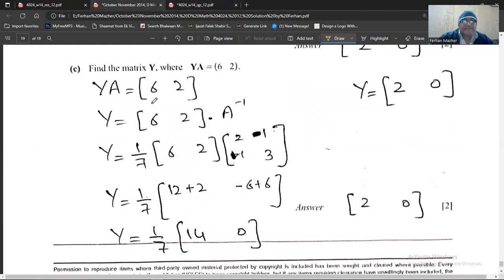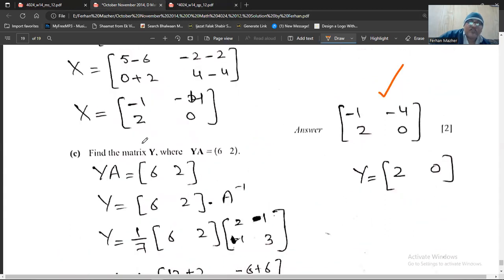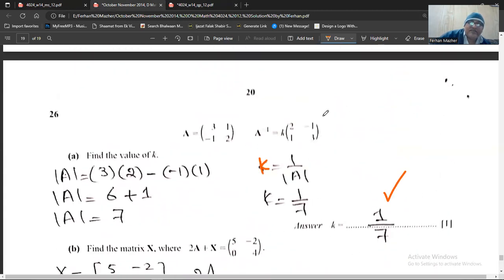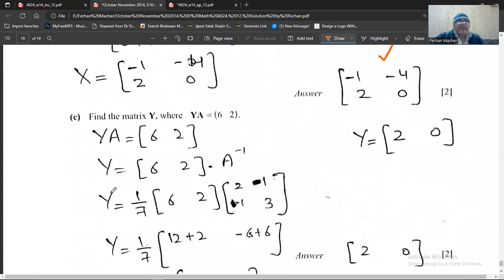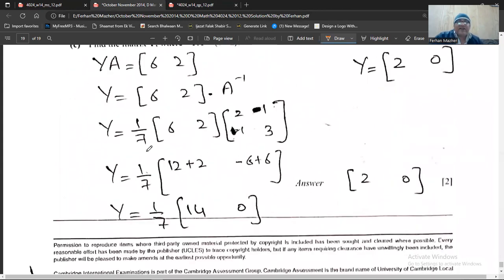Look at here. So YA is equal to this matrix, which is 6, 2. So Y will be equal to 6, 2 into A inverse, and 1 by determinant. This is already here. We know this. And 1 by 7, I will write here. And this is the adjoint.